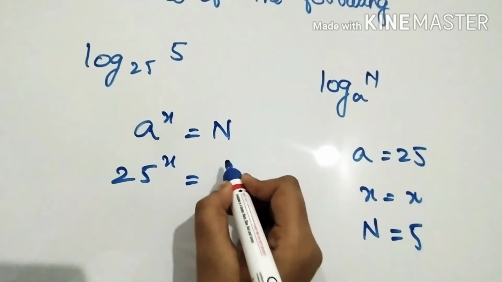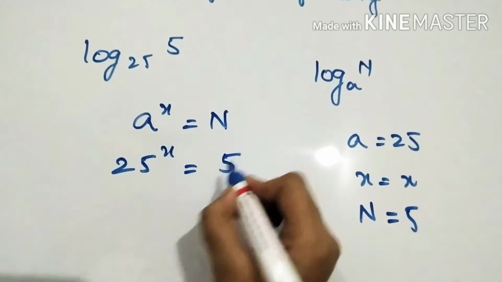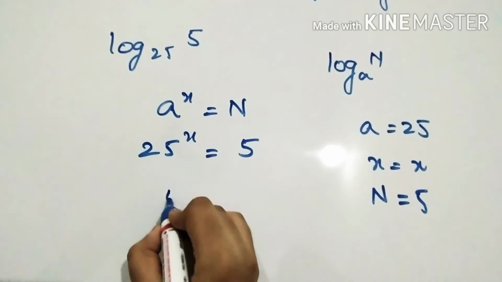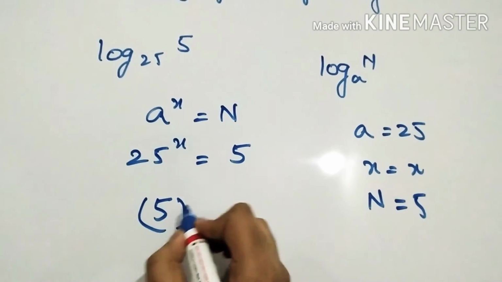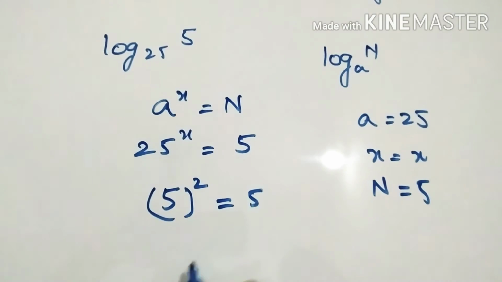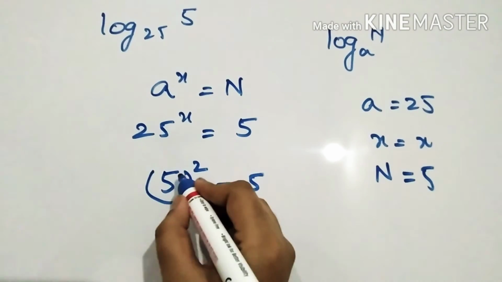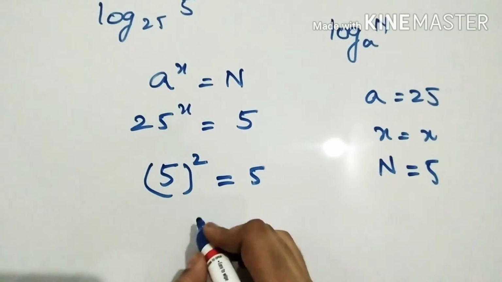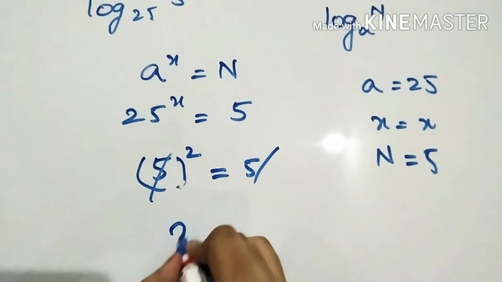In the place of n we write 5, and if we factorize this we get 5^2x is equal to 5. So the base will cancel as the power is equal. So x becomes 1/2.